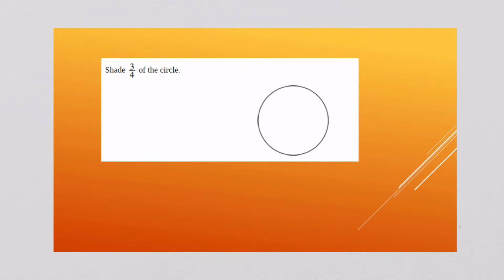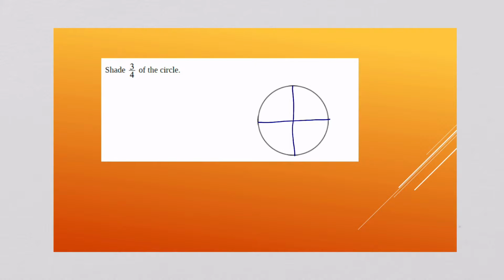Okay, so it says here to shade 3/4 of the circle. In order to shade 3/4, you have to try to cut this into 4 equal parts. So I'm not going to come along with a ruler or anything like that, but just do your best to cut it into as equal parts as you can. I did the best I could without measuring anything.